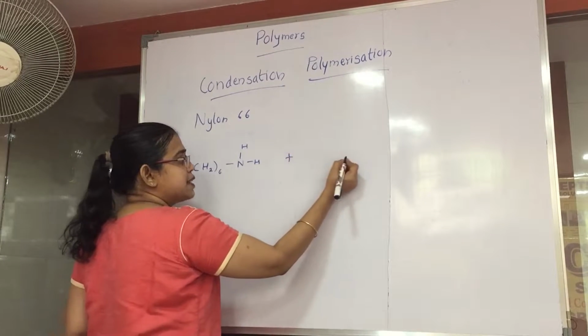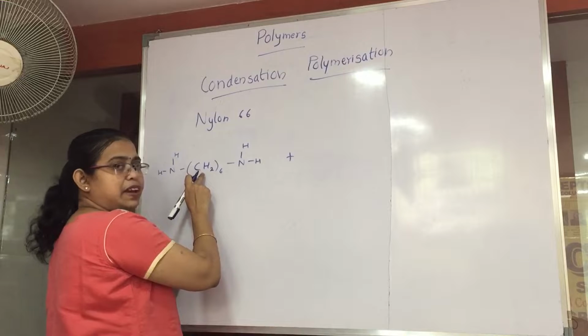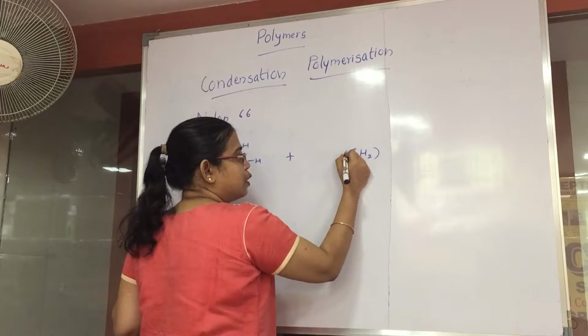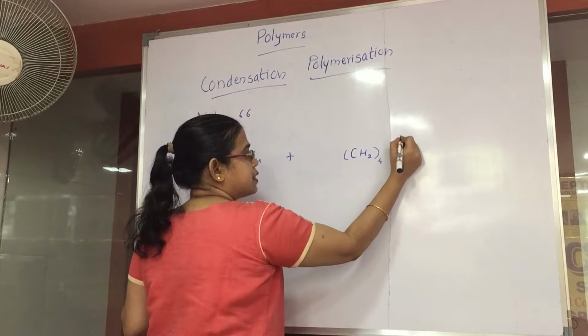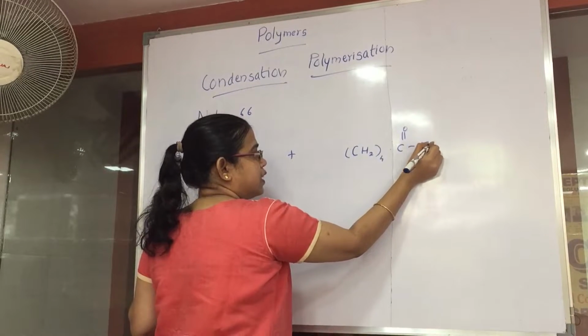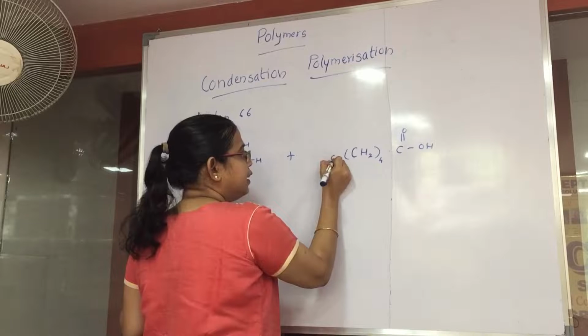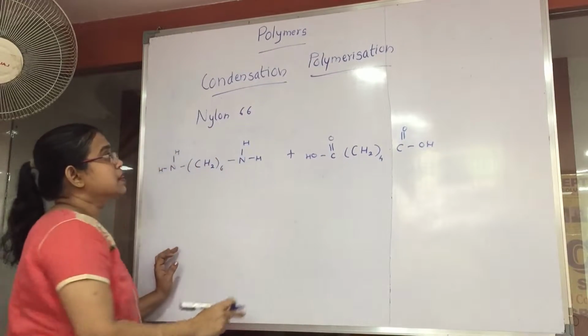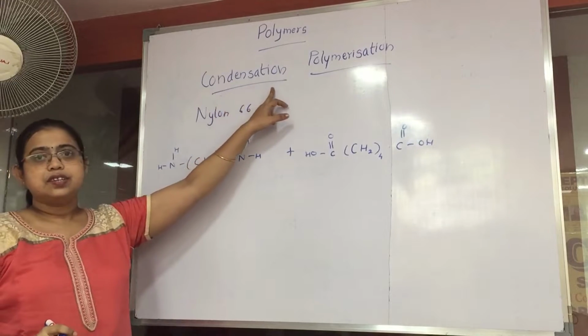And the other monomer is adipic acid. In adipic acid also we will have methylene groups, but not 6, it will be 4. CH2 is 4 times, and we have COOH, that is one carboxylic acid at one end, another carboxylic acid at the other end. So these are the 2 monomers. So right now we are doing condensation polymerization.